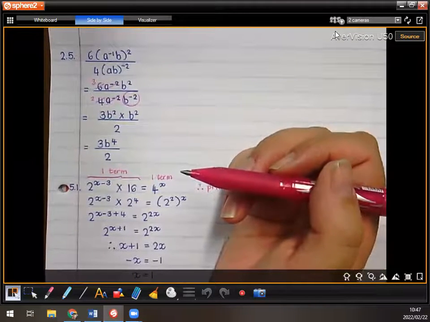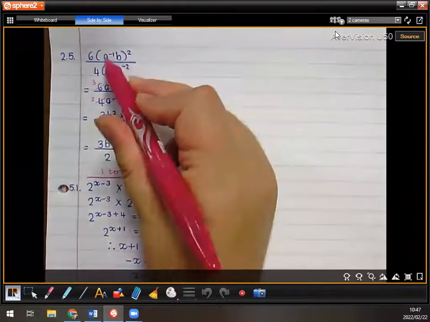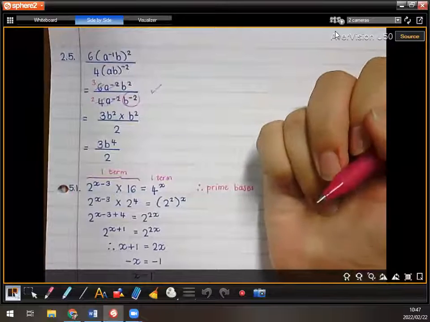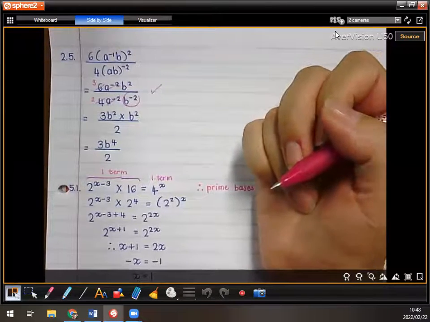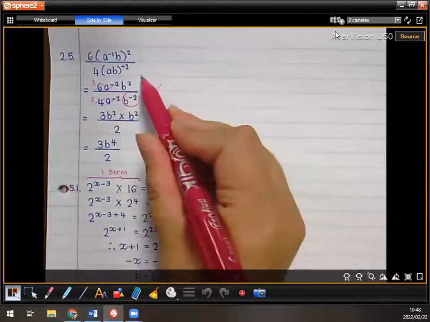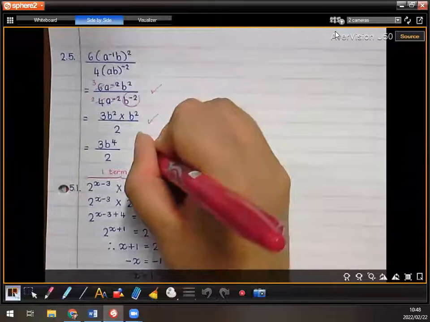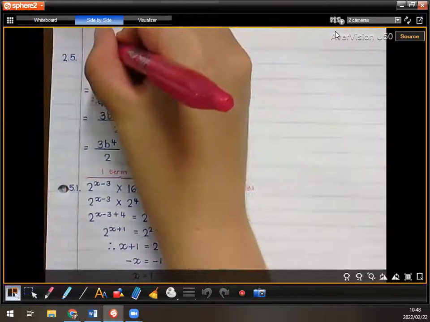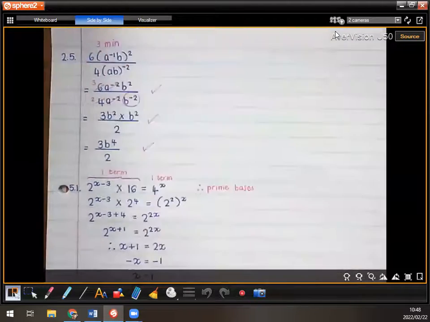Okay, so this would be a 3-mark question. You would get a mark for multiplying all of your exponents out, getting rid of those brackets basically. Then you would get a mark for moving the negative exponent to the top, and then you would get a mark for your final answer. This would have to be a 3-minute question.